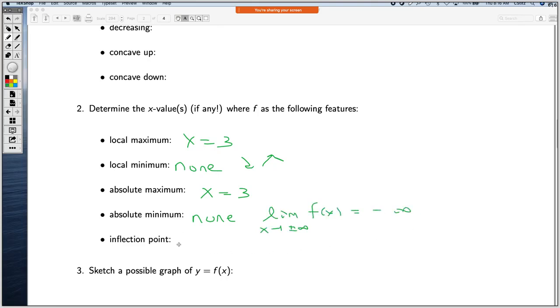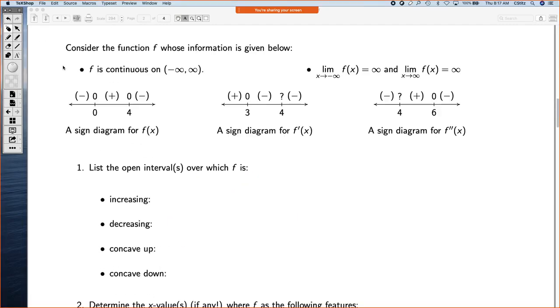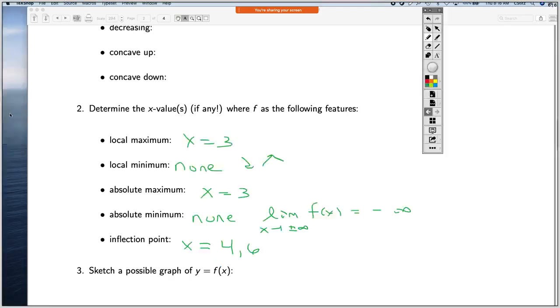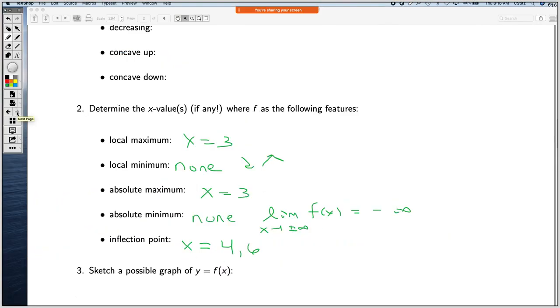And the inflection points we had at 2 locations, was it 4 and 6? Let me double check that. Yep, 4 and 6. All right. Any questions on getting this information?